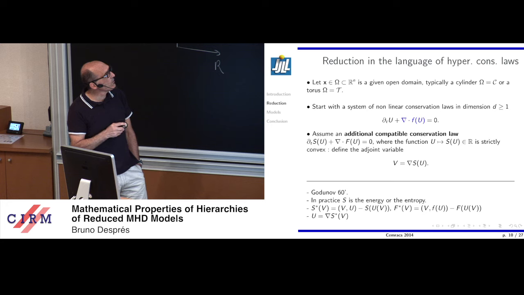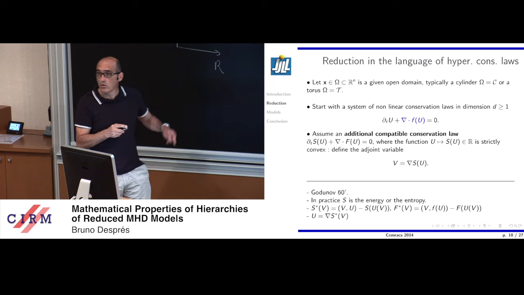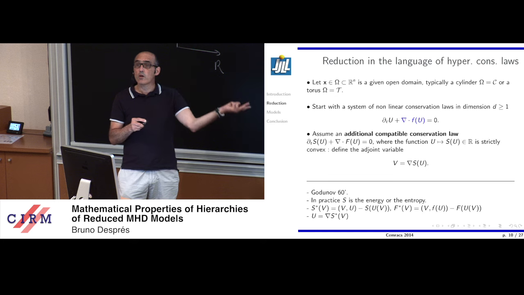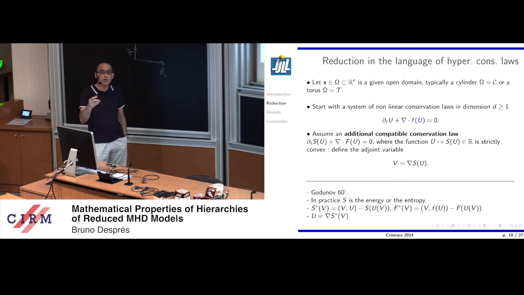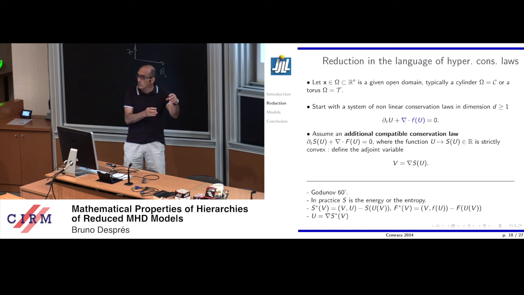This is the Legendre transform of the entropy, and the gradient of this guy with respect to V is just U. If S is just a quadratic functional, then V is equal to U. So most of the time it is almost immediate. If I know U, I know V, and if I know V, I know U. So it is interesting because now, instead of trying to understand the equation with the U variable, I can try to understand the equation with the V variable, because I know the transformation at any time.